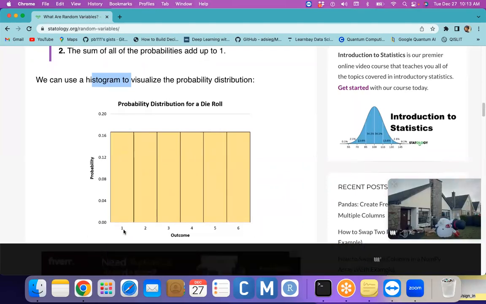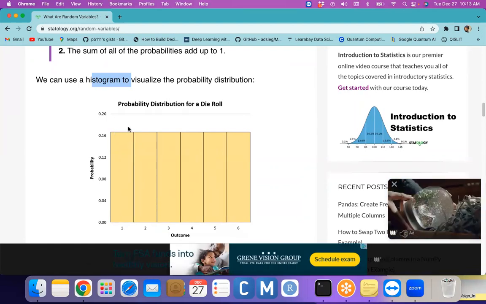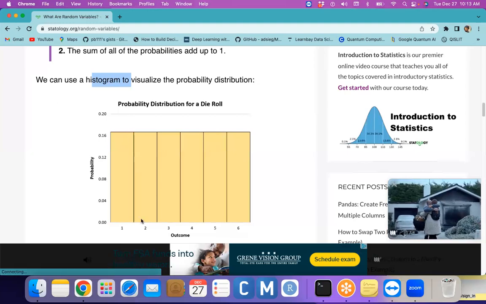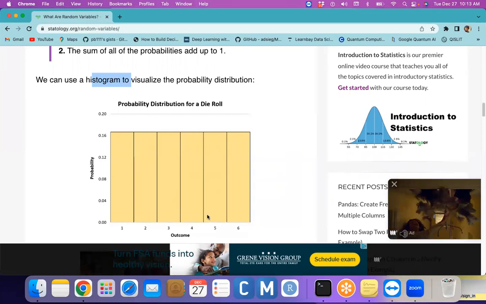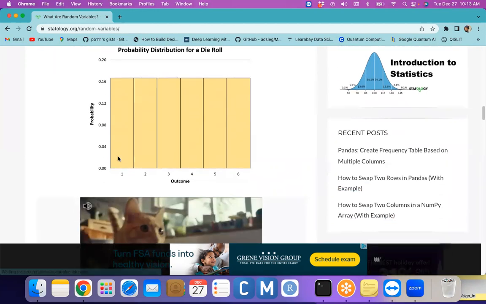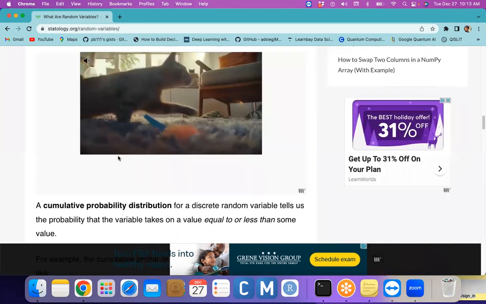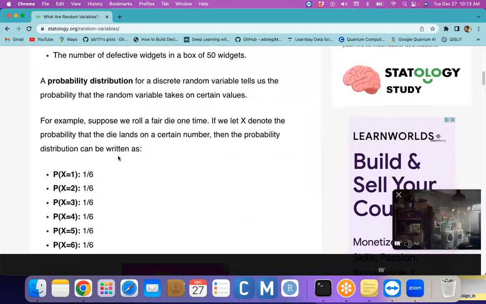The probability of getting a 1 is 0.16, which is 1 by 6. Two is the same thing, 0.16, 3 also, and 4 also, so the probability of each is equal, 0.16 only. That 1 by 6 value is what is shown in the histogram. So that is the probability distribution for the discrete case.